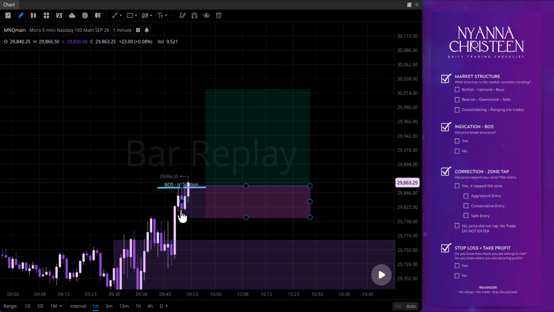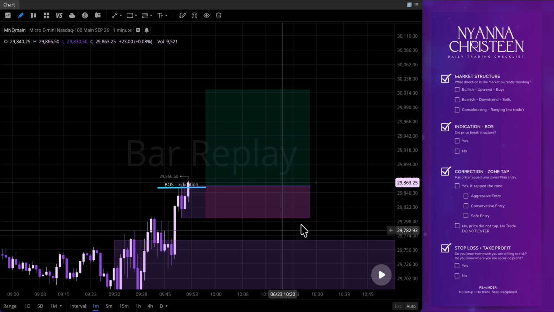On a regular chart, it would be red, and the candle that pushed up would have been green. So this candle of the opposite color is the zone that price pushed out of.